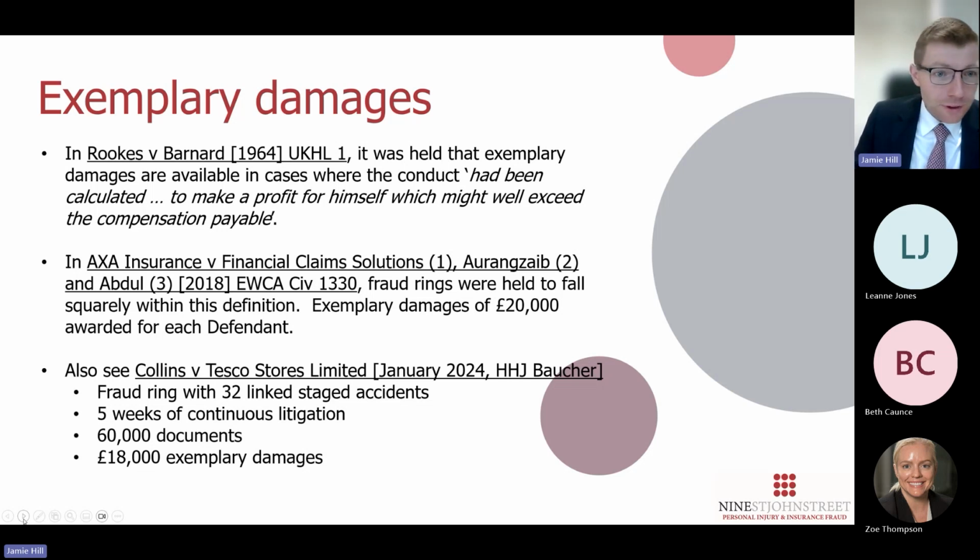The AXA insurance case, £20,000 exemplary damages, and in the Tesco Stores litigation that Zoe mentioned a few moments ago, £18,000 exemplary damages. So an award in excess of £10,000 is something that we do see, and there are examples of such sums being awarded.